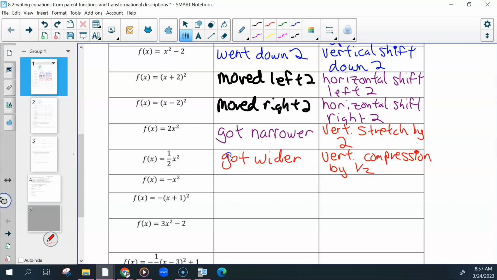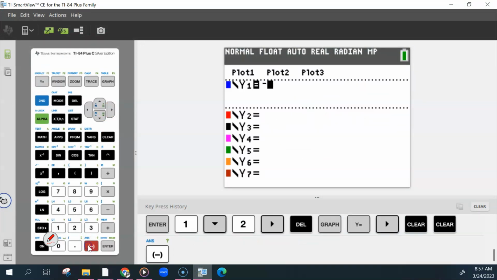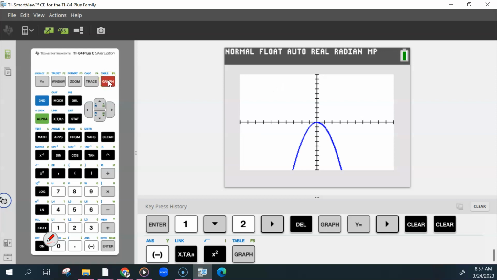So this next one is the last real type of transformation, and then they start to combine. So let's go ahead and put this one in and see what happens. And graph that, see what happens. Compared to the original, what changed?